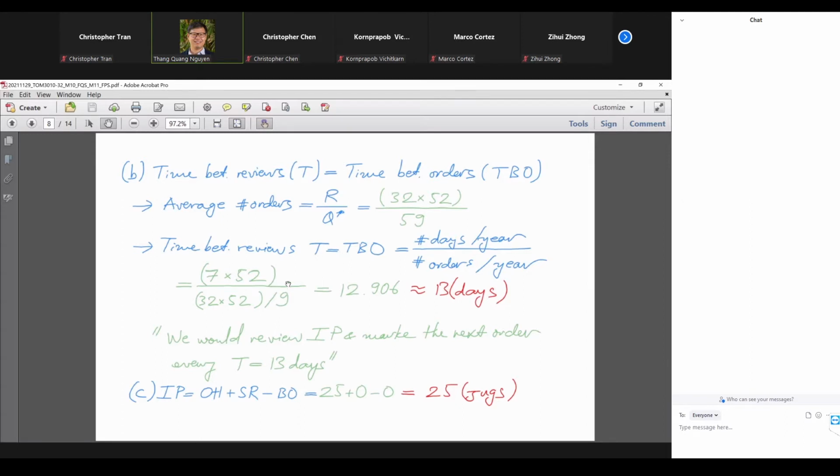That's the main idea of this system. Part C is short and easy, where the current inventory equals the on-hand stock, plus what is delivered today, minus the back orders. In this case, we talk about the current stock of 25 milk jugs.